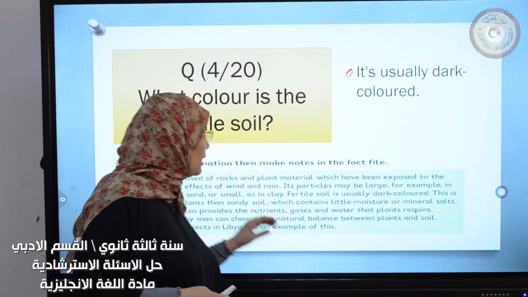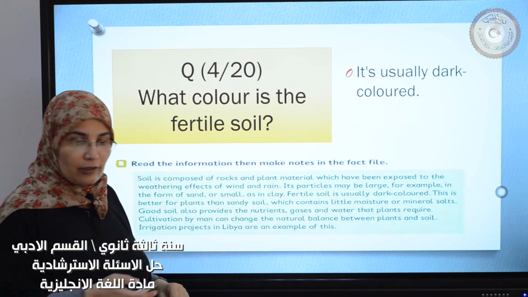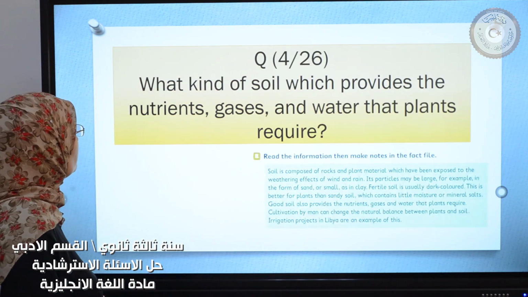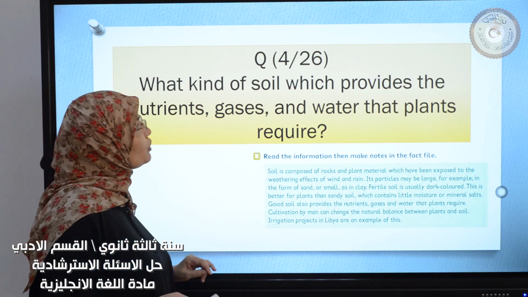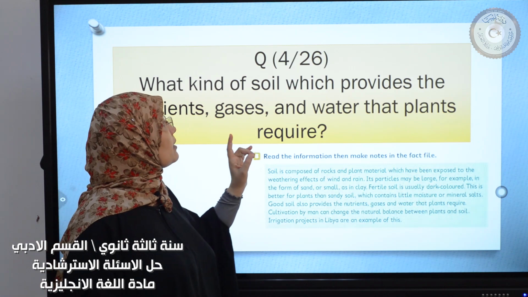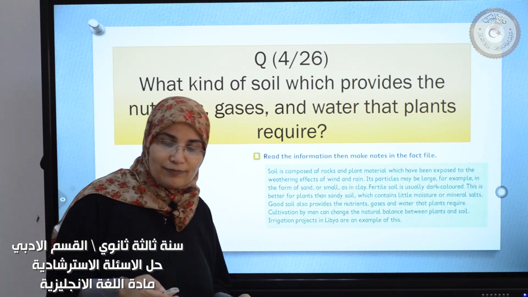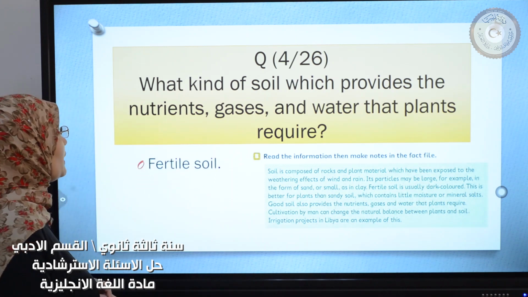Fertile soil is usually dark colored. What kind of soil provides the nutrients, gases, and water that plants require? What do you think? Fertile soil.